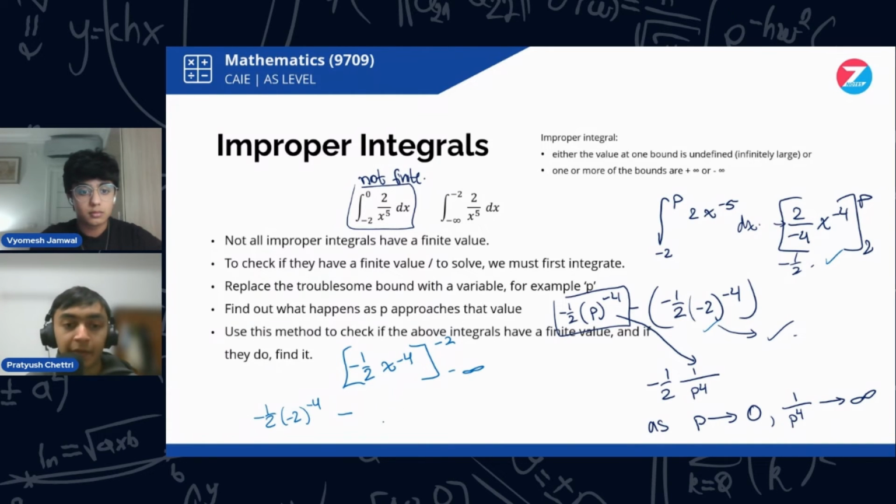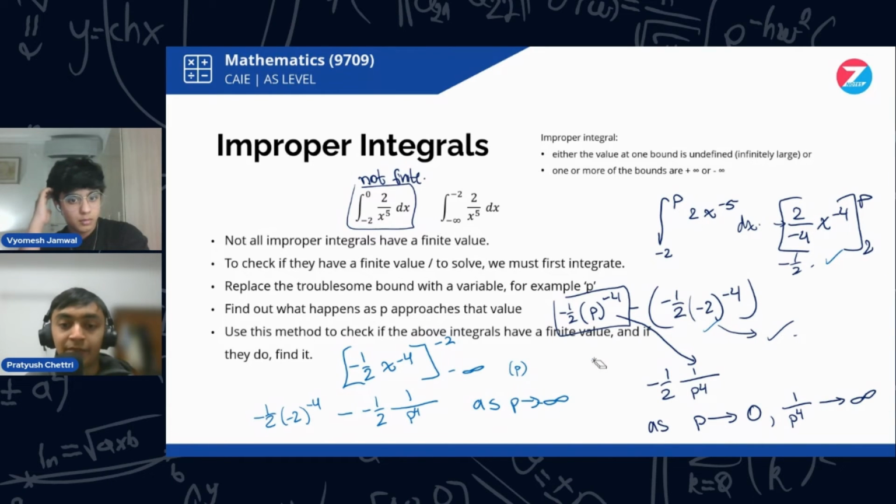And then we write our bound for infinity, and we replace infinity with p for now. Minus half, like 1 by p power 4. Here, as p approaches infinity, if we divide 1 by infinity, as the bottom of the fraction gets larger and larger, the fraction itself gets smaller and smaller.